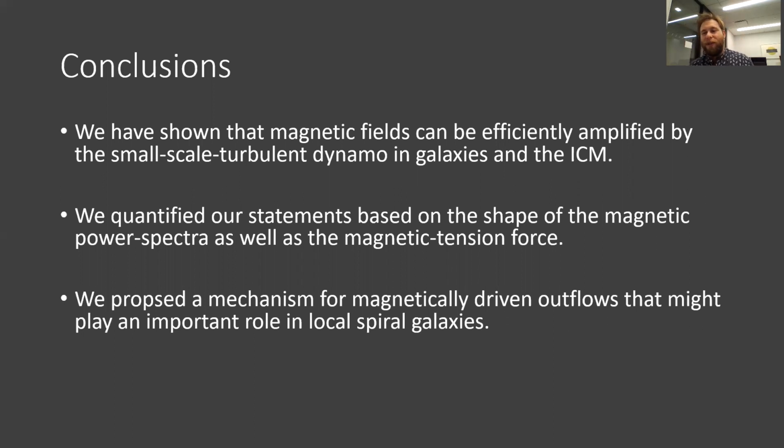We double-checked this with the CHANG-ES sample, and there are 22 galaxies classified as barred spiral galaxies, of which 17 have an X-shaped halo field. So this is just an interesting fact. I'm not sure if it means anything, but we can also discuss this in more detail in the discussion session.